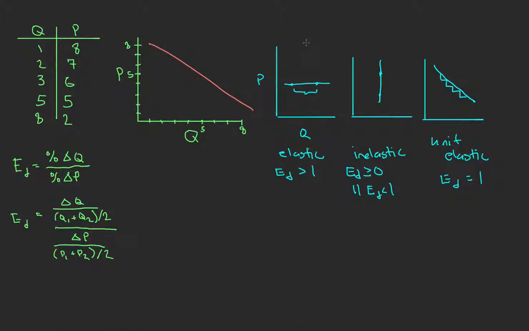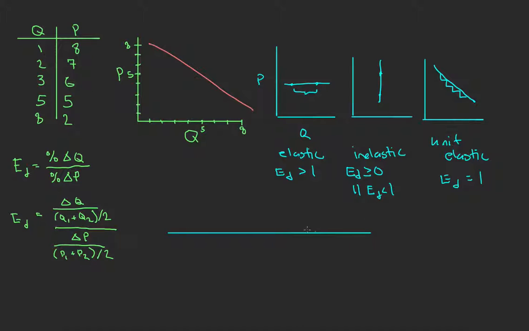You have your elastic here, then you have inelastic, and you have unit elastic. But there's actually a way that you can kind of guess or predict, or reason towards, I should say, whether or not something will be more elastic or whether or not it will lean towards more inelastic.